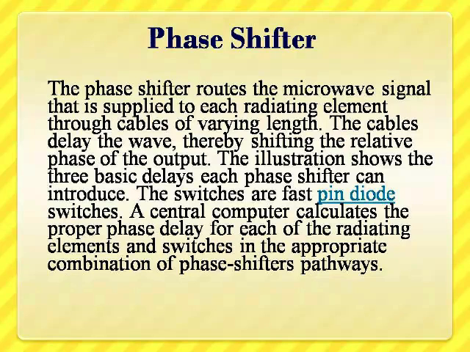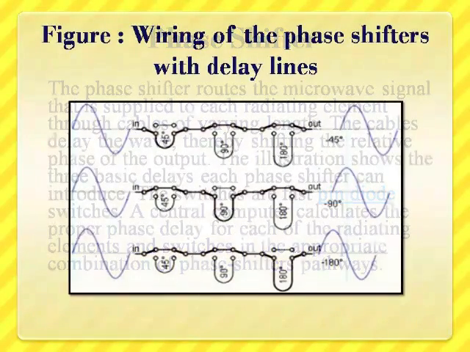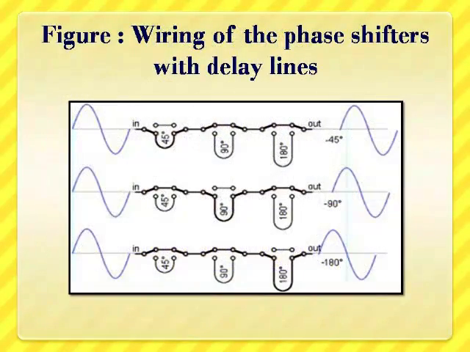A central computer calculates the proper phase delay for each of the radiating elements and switches in the appropriate combination of phase shifter pathways. This is the diagram where a digital phase shifter is shown with the input phase of the signal and the corresponding output phase.